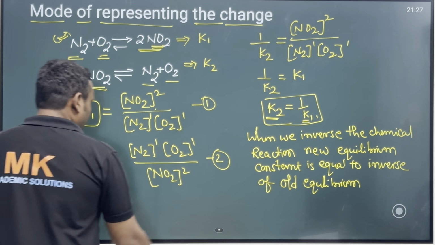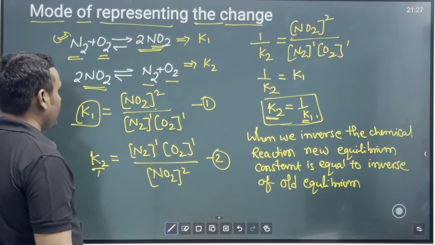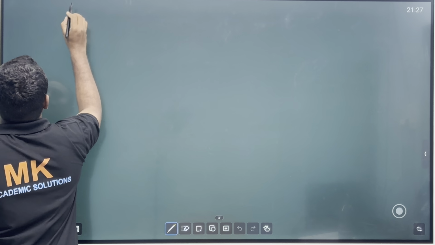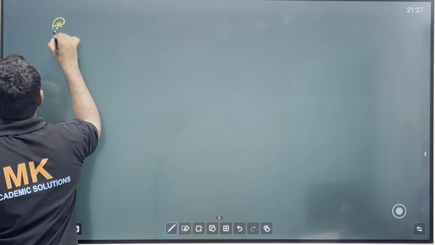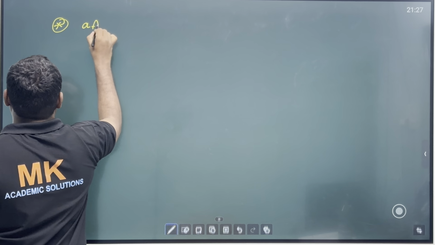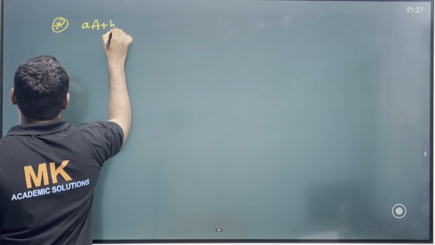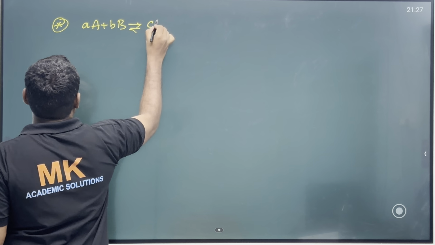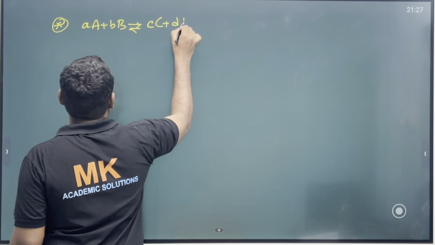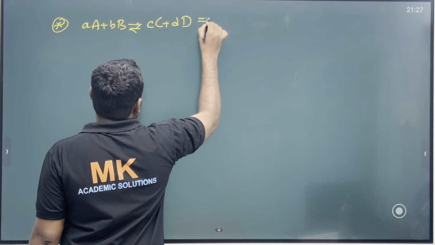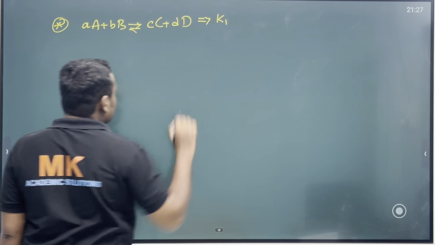Okay, so now based on this statement, let us have some practice. Let us take some examples. Simply I am taking a hypothetical example. a moles of A plus b moles of B gives rise to c moles of C plus d moles of D. Let us assume the equilibrium constant for this is K1.